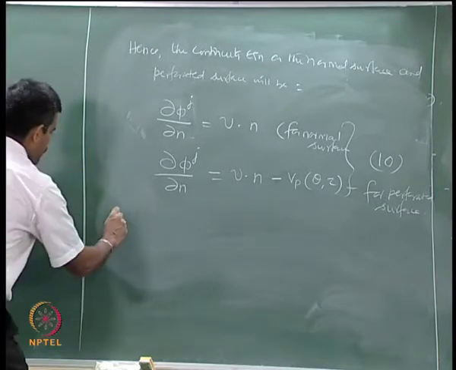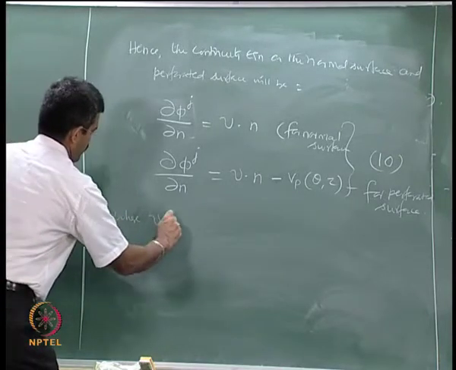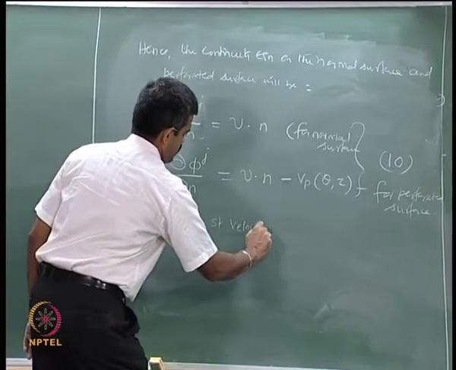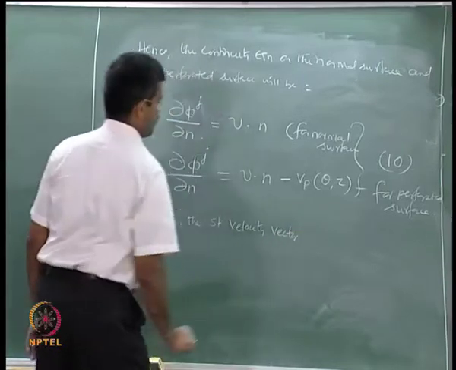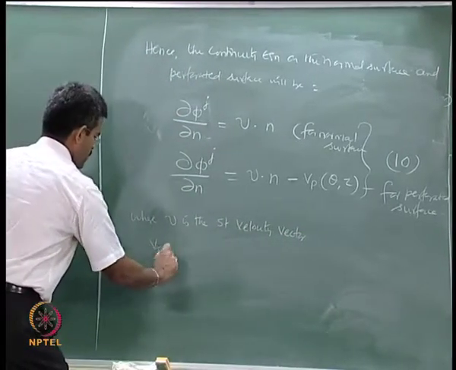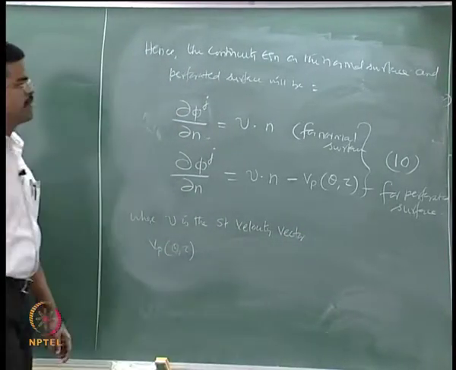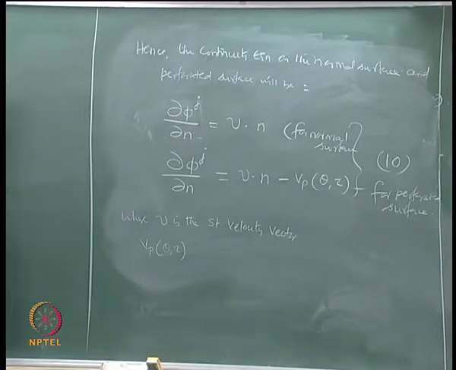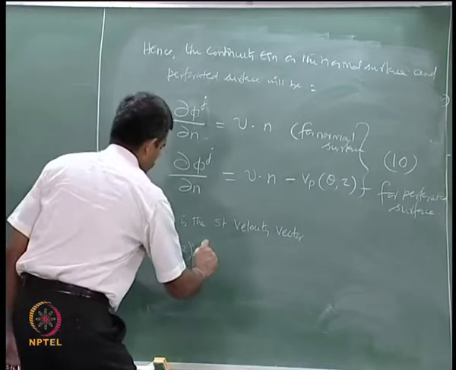Where V is the structural velocity vector and Vp of theta z is the spatial component of the normal velocity.